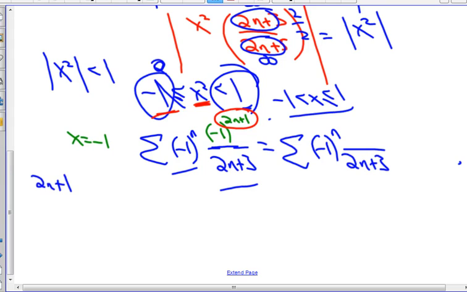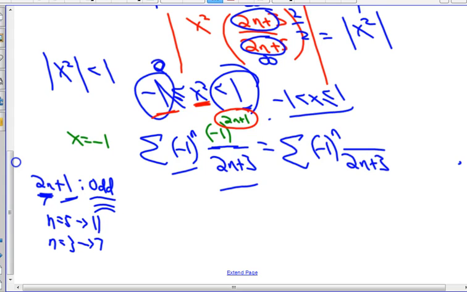Give me any integer. Take it times 2. Wouldn't that make that even? 2 times any integer would be even. Add on 1. Won't this be odd every single time? Try different values. What if n is 5? I get 11. What if n is 3? I get 7.